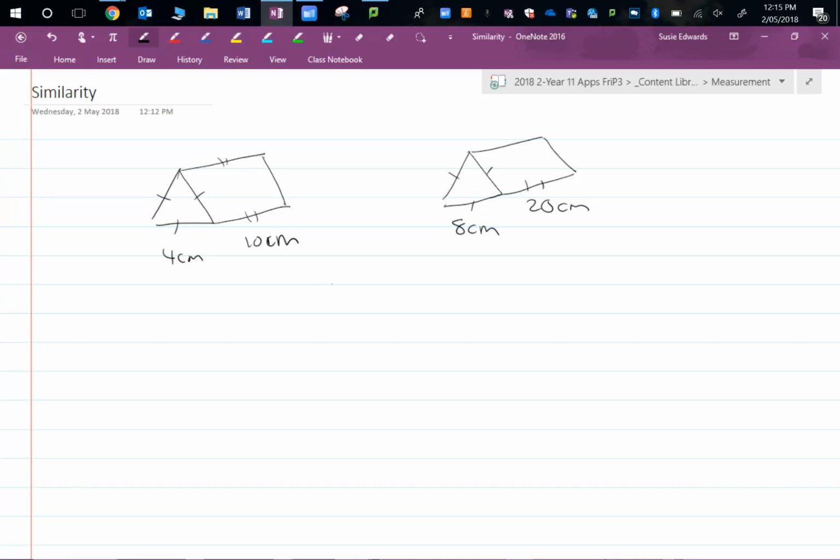What is the scale factor for this? So K equals 2, okay? All lengths are in the same ratio.